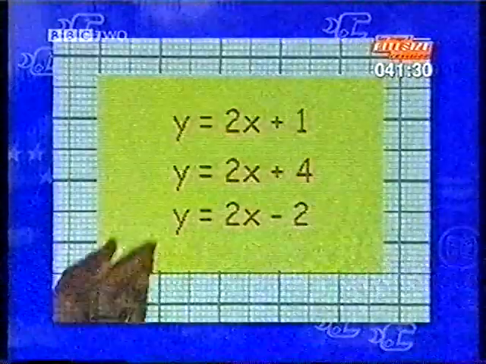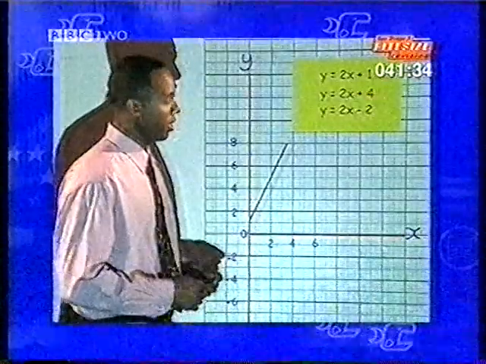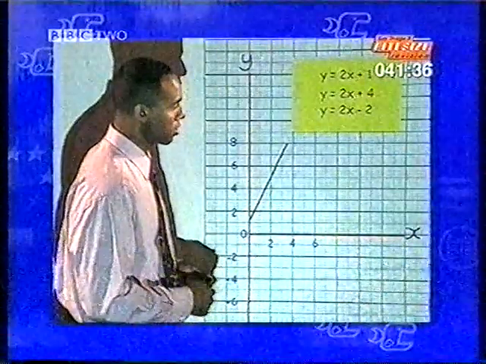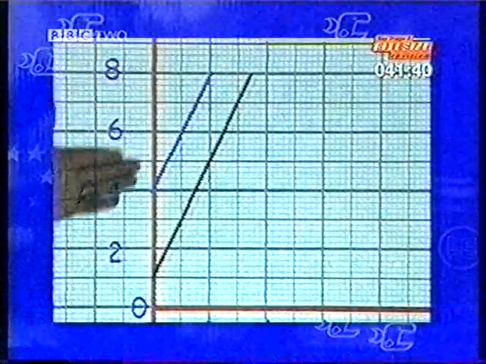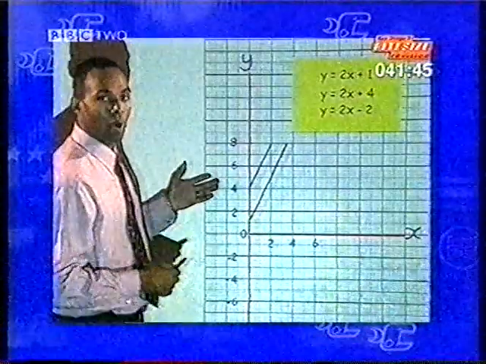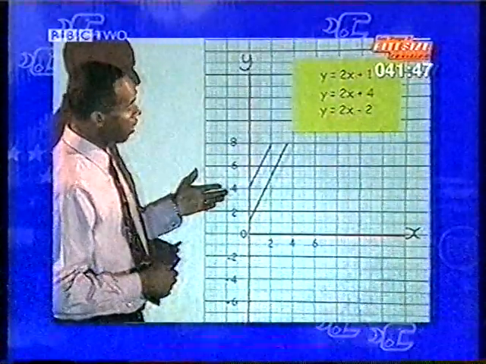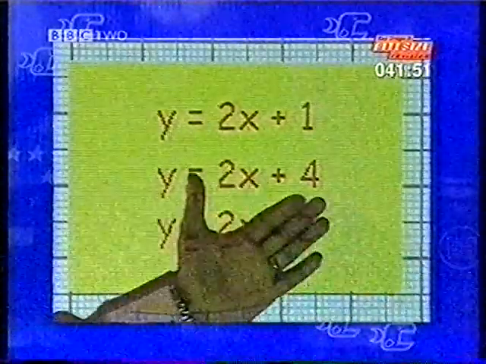If we look at this equation, y equals 2x plus 4, if we draw it, it will look like this. Now here we can see that this line is parallel to the first line, but the intersection here with the y-axis is at 4, and that corresponds to plus 4 in the equation.